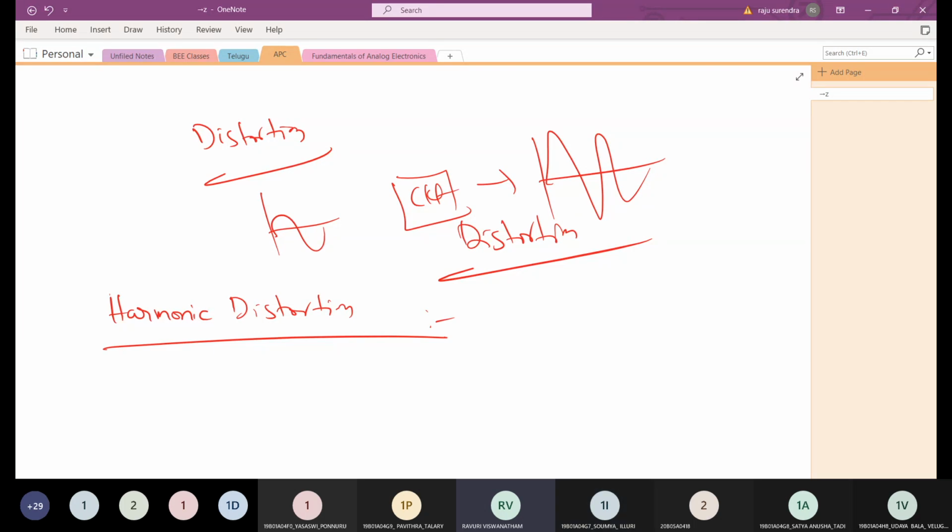In the input signal you have applied, whatever frequency component is there, if the same frequency component is present at the output also, that component is called the fundamental frequency component.